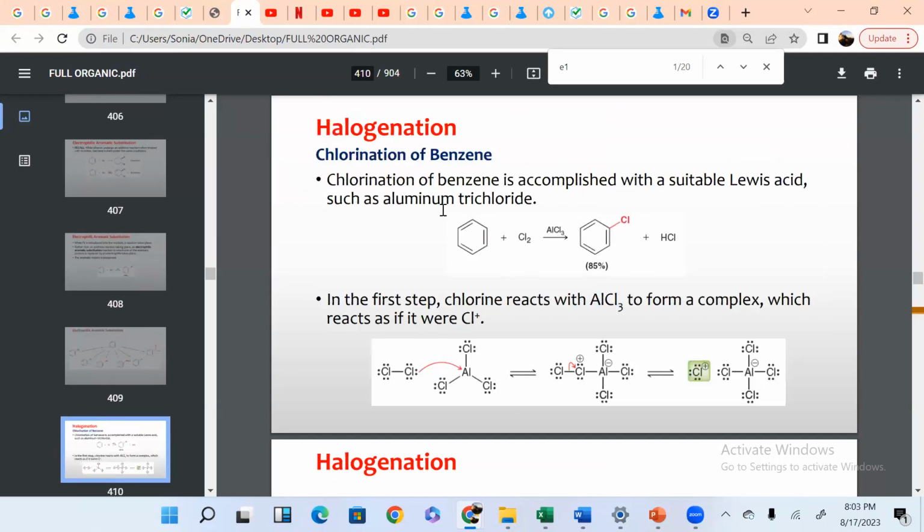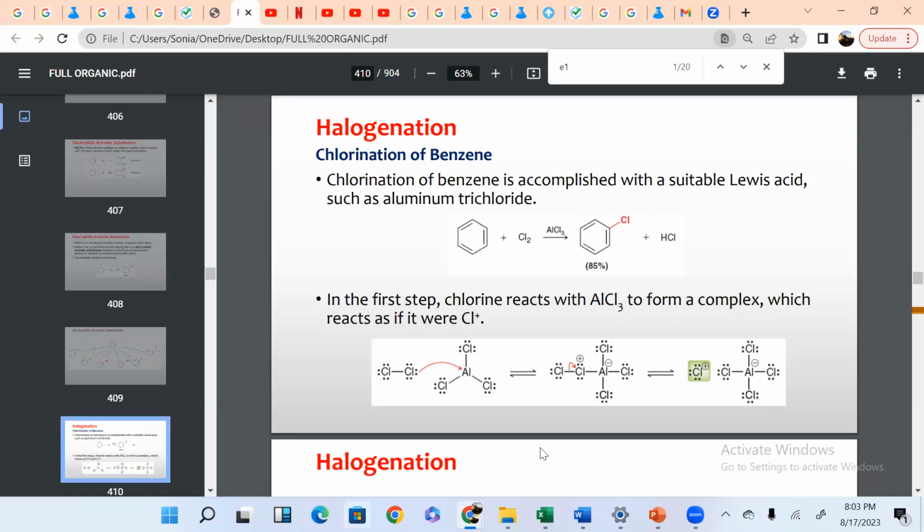We can begin here briefly. Chlorination of benzene is usually accomplished with a suitable Lewis acid, such as aluminum trichloride. This is the one which catalyzes the reaction, because benzene will not react with chlorine alone.